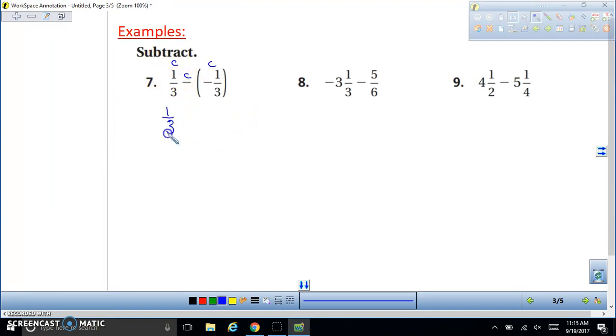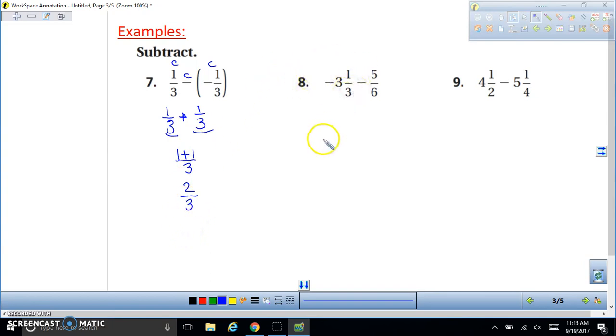Copy, change to addition. Opposite of a positive is a negative, so plus 1/3. All right. Now we're ready to add our two rational numbers. They have the common base. So now we're going to do 1 plus 1 all over 3. 1 plus 1 is 2. This one is 2/3.